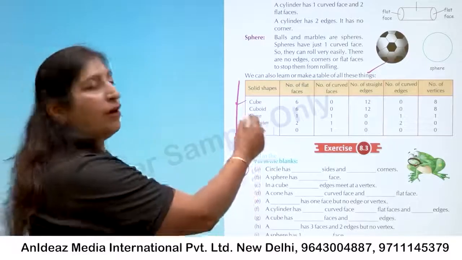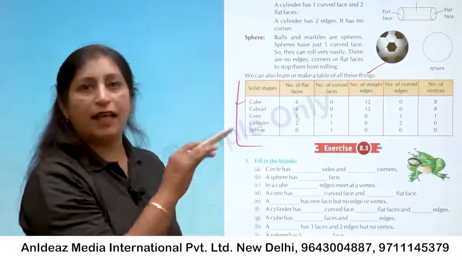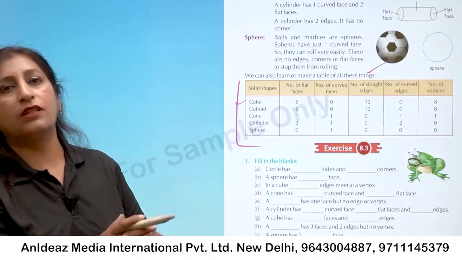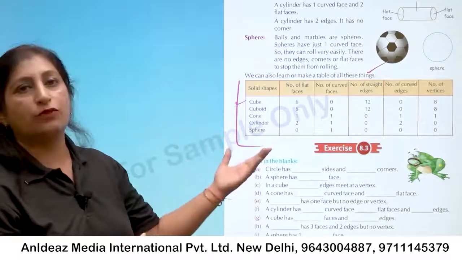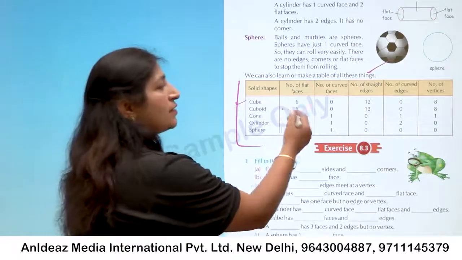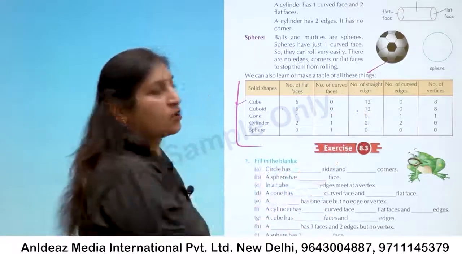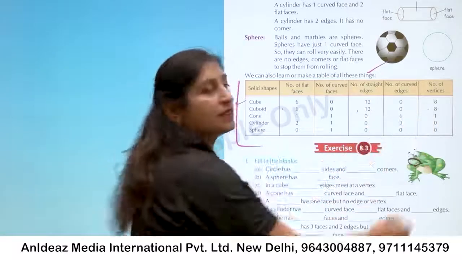In a cuboid, it is again the same, because the only difference was in length. It means the number of corners, edges and faces would be the same. The number of faces is 6, straight edges 12 and vertices 8.